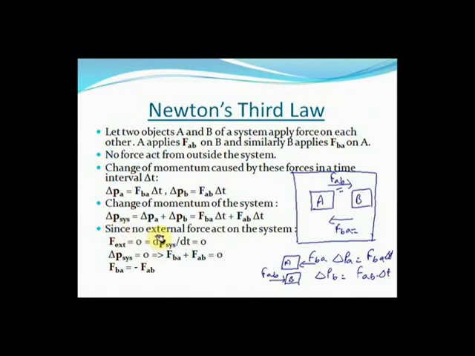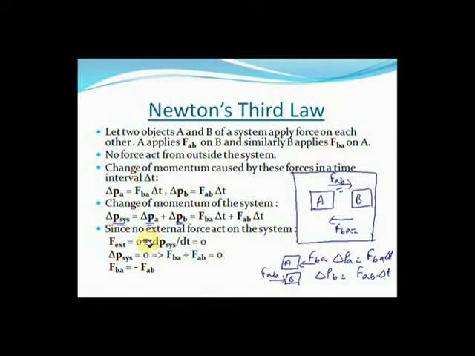Since our system consists of both block A and block B, the total change in momentum of the system, delta P system, would be the change in momentum of block A, delta PA, plus the change in momentum of block B, delta PB. So delta P system would be FBA into delta t plus FAB into delta t.